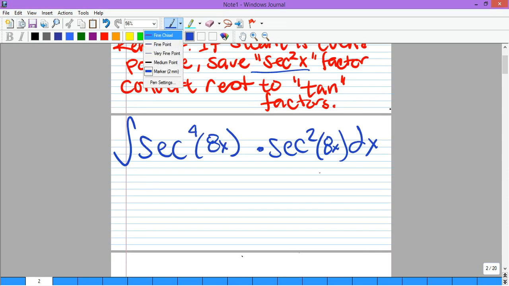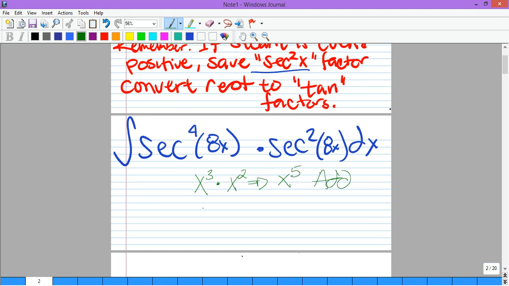And this is the same thing as, for instance, if we had x to the third and we're going to multiply it by x to the second, what we get is x to the fifth power. We add in this case. Another thing you might have seen is x to the third power, and that entire quantity is being squared.